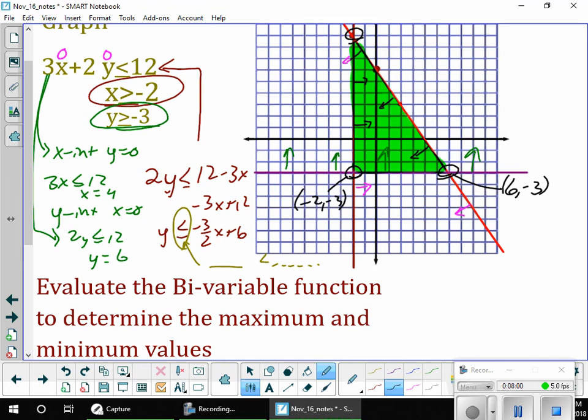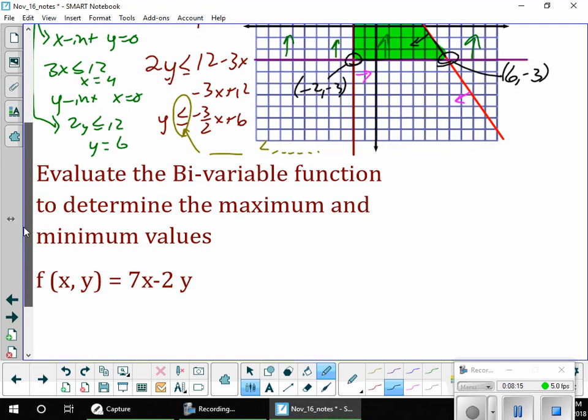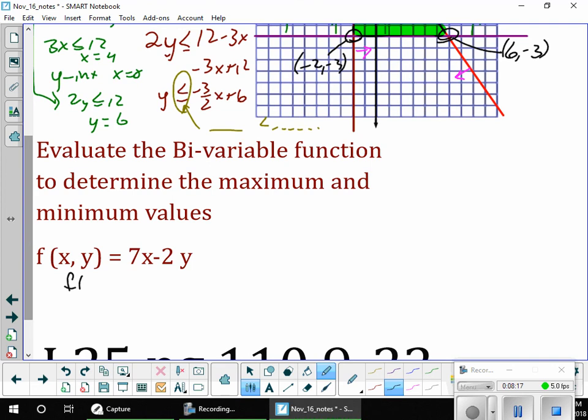And I've got a -2, 9. Yep, -2, 9. So those are my 3 points that I have to work with. So I have f of -2, 9, f of -2, -3, and f of 6, -3 that I want to stick in here to see what values I get.